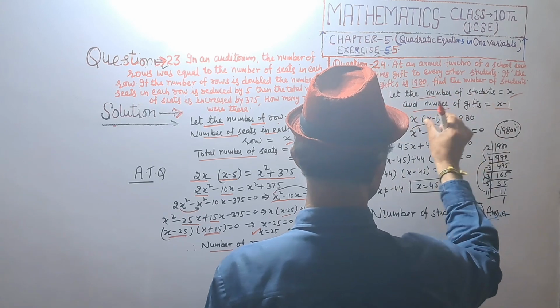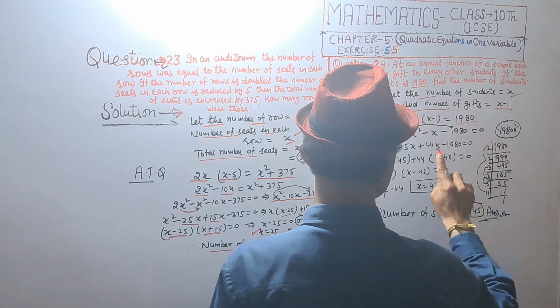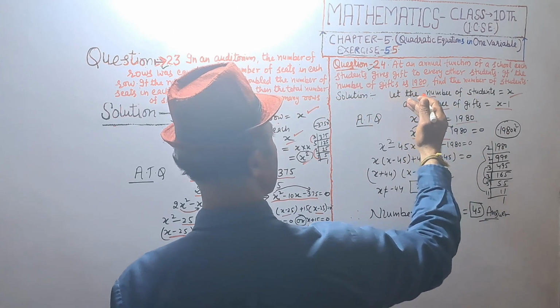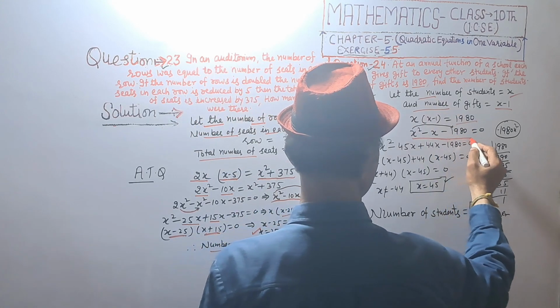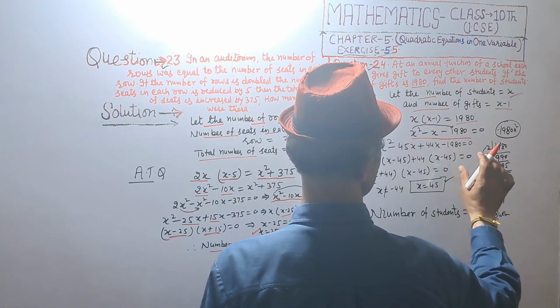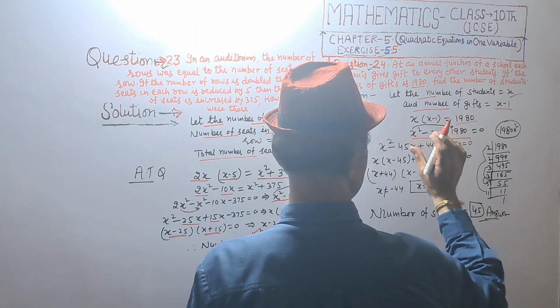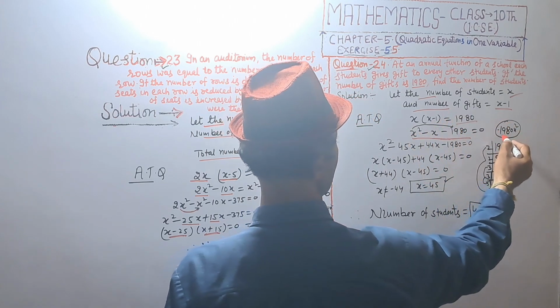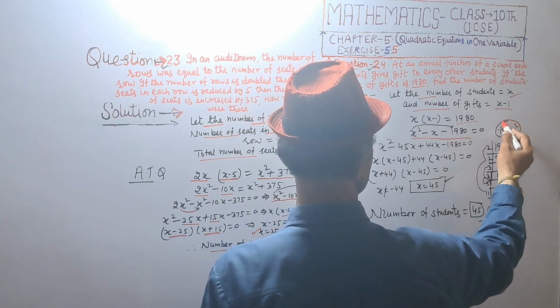1980, then their product will be 1980, x square minus x minus, this is shifting left side, and this will be negative 1980 equal to 0. We are factorizing the product of first and last is equal to minus 1980 x square.